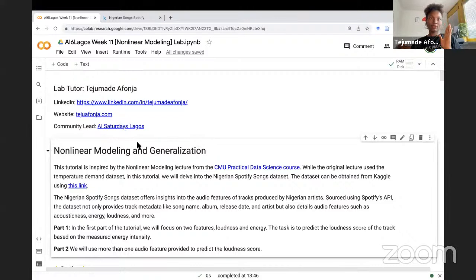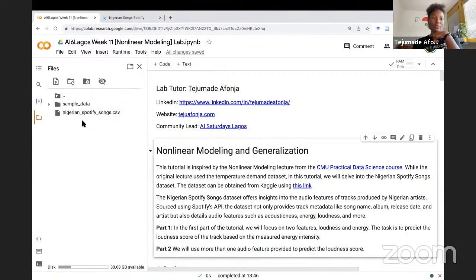I need like 5 people to tell me that they have. Have you uploaded the dataset into your Colab space? Okay, thank you, Sarah. You have one. 4 more people should please confirm. Okay, thanks. I hope that is the right way to pronounce your name.